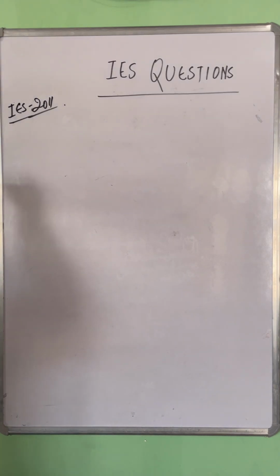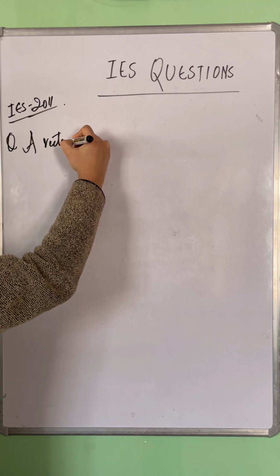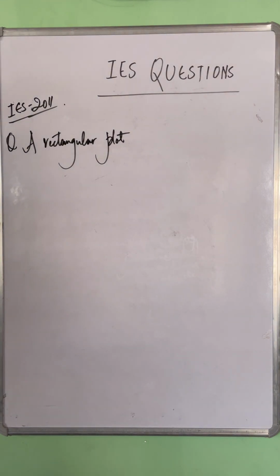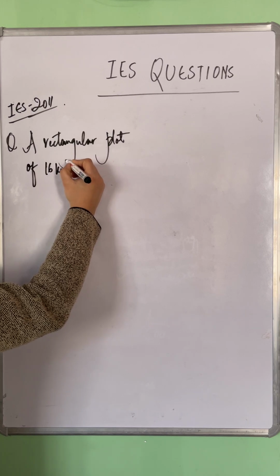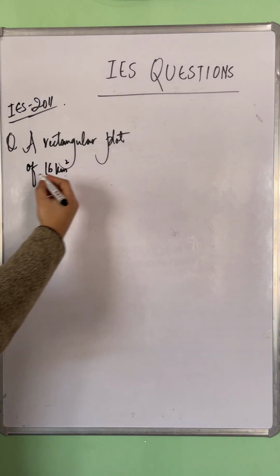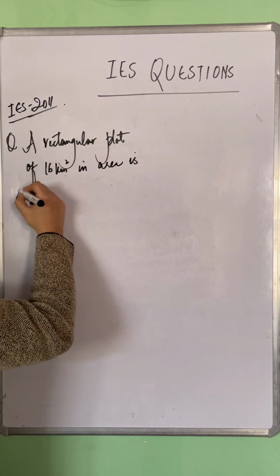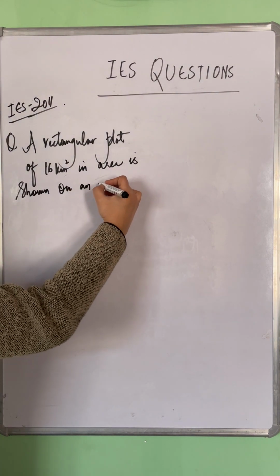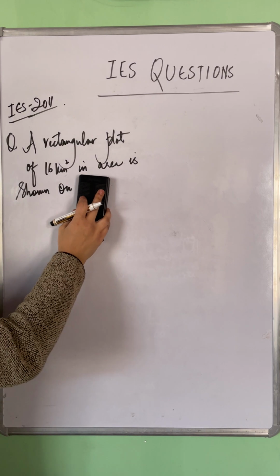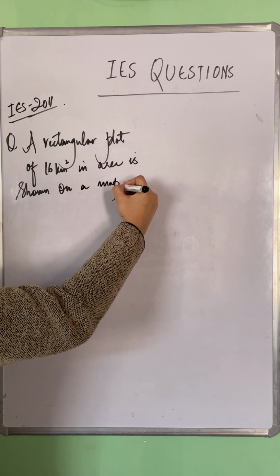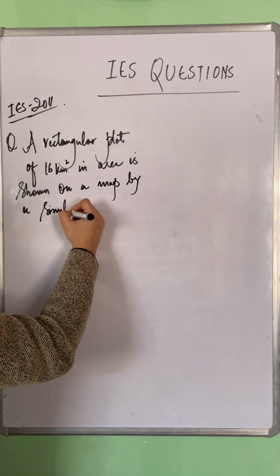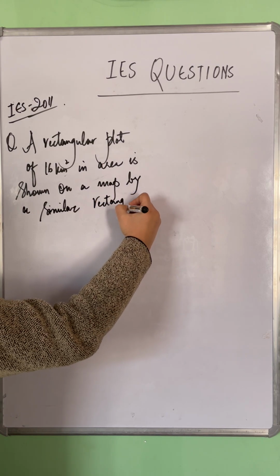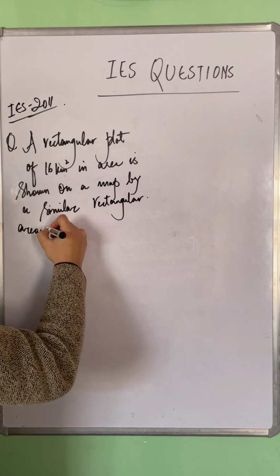Question is, a rectangular plot of 16 kilometers square in area is shown on a map by a similar rectangular area of 1 centimeter square.